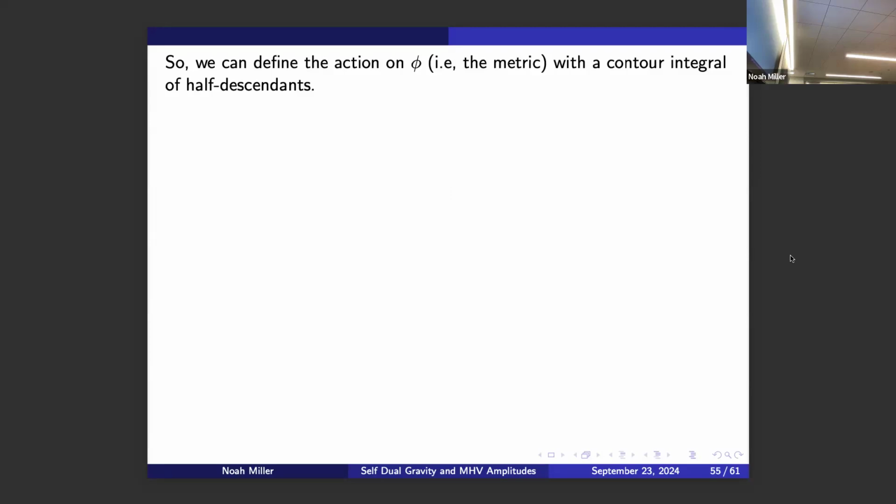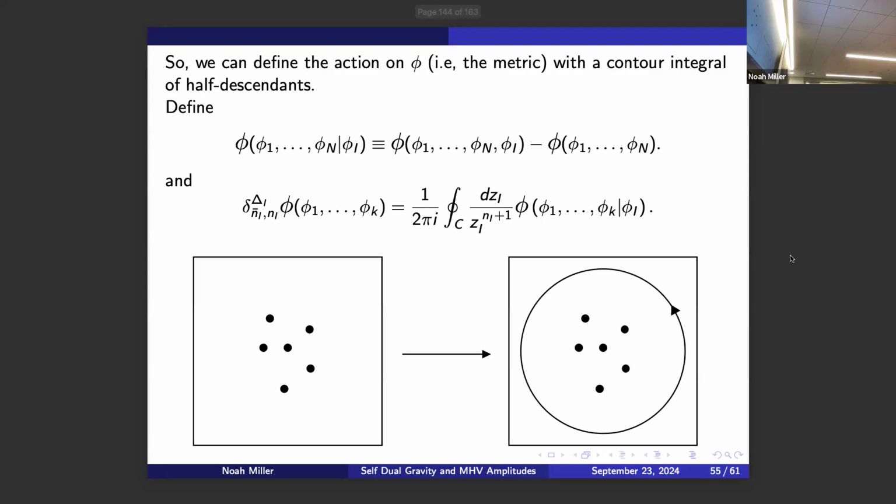So we're going to find the action. Once again, because this Plebanski scalar phi gives us the metric, if we say how LW1+infinity acts on the scalar, we say how it acts on the metric. So we can take a metric where we have a bunch of seed functions given by half descendants, where each of these points is a value of z where the half descendant lives, and we do a loop integral around it and add in another descendant.